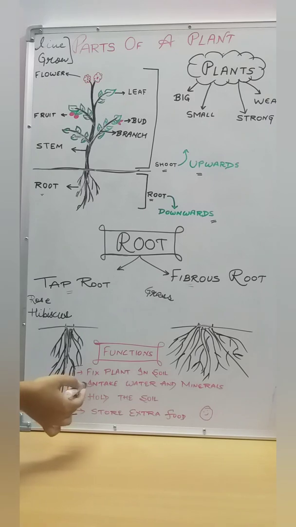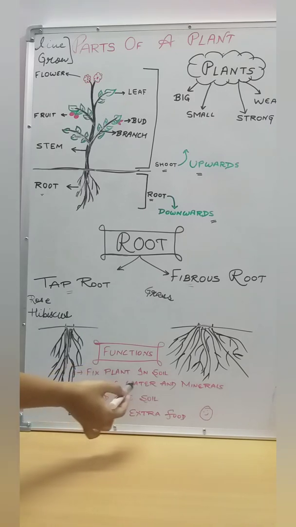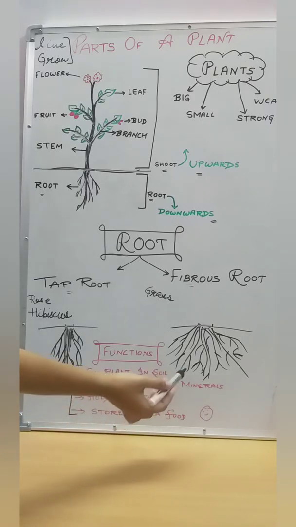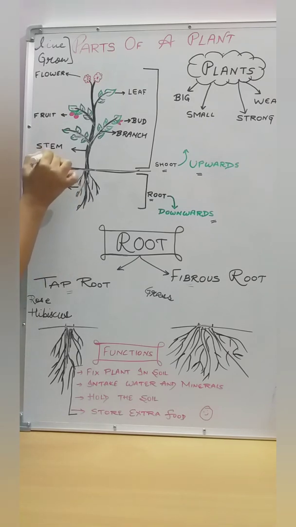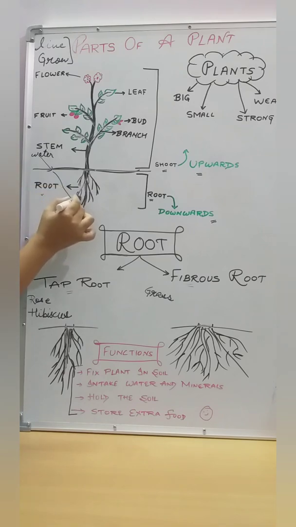Besides this, roots help in intake of water and minerals from the soil. As you know, a plant also needs water and minerals for its growth. So what happens? We give water to the plant and that water is taken in by the roots, and the minerals that are present inside the soil, those are also taken in by the roots only.